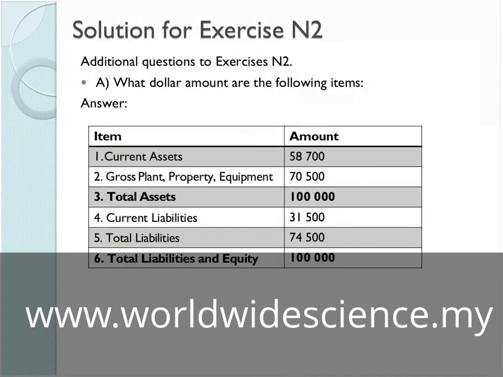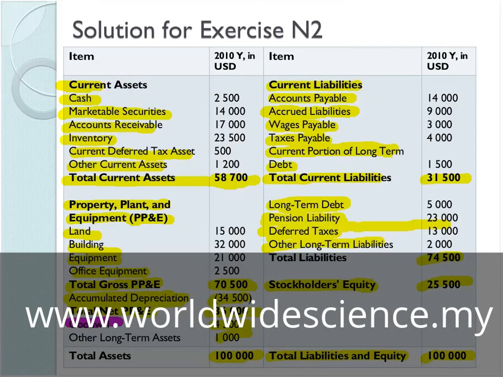Here is the answer for question A. Current assets is 58,700. Let's go back to our balance sheet. Here is total current assets, 58,700.